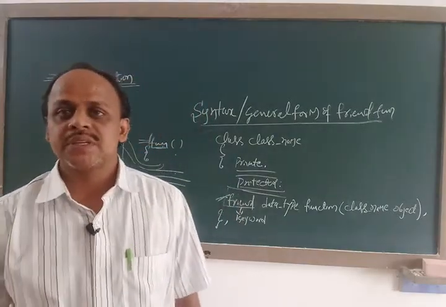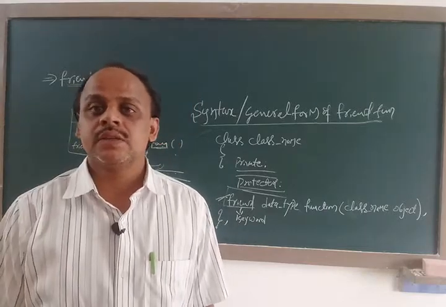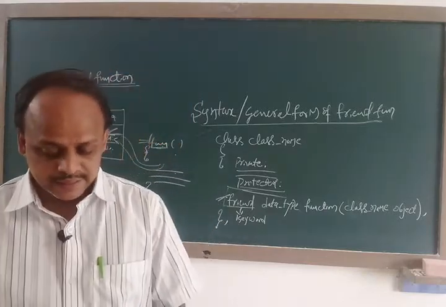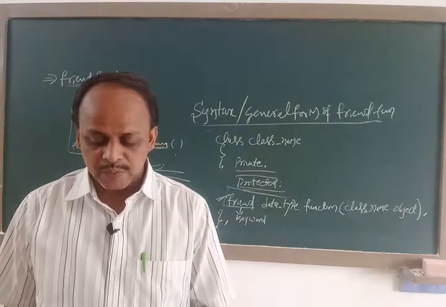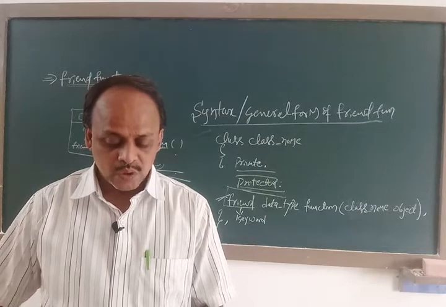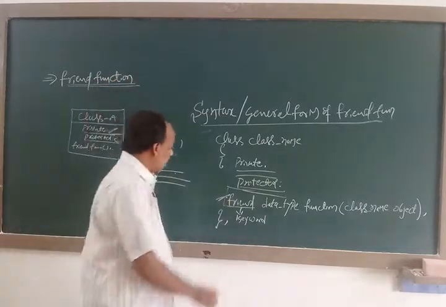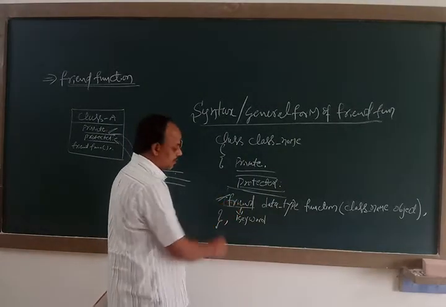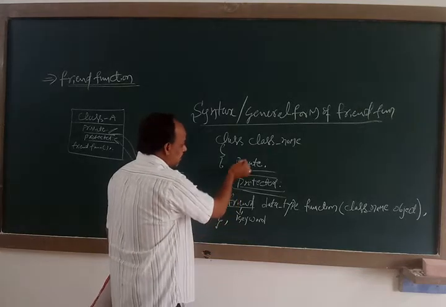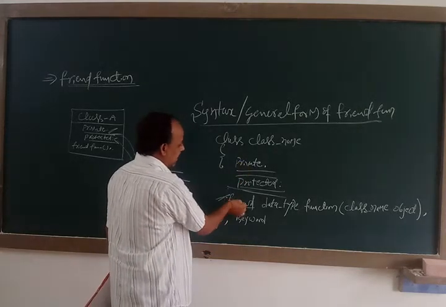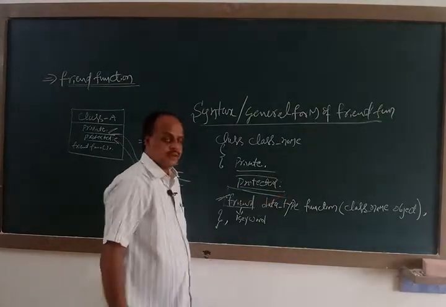And next point, it can be declared either in the private or public part of a class without affecting its meaning. Means we can declare this friend function anywhere in the class. You declare it after private, you declare it after protected, no problem. It is not affecting its declaration.